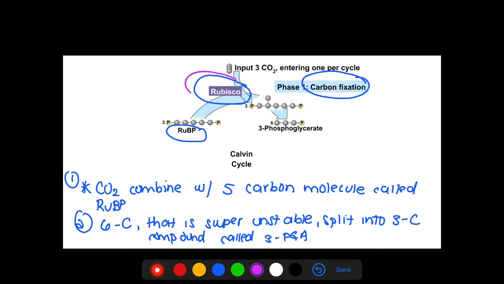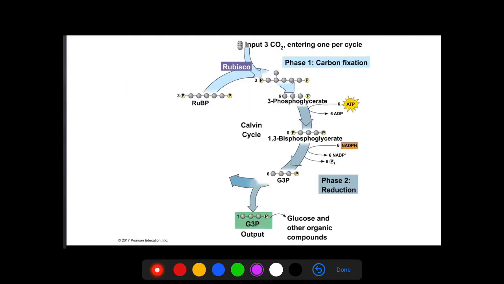Let me rewrite that again. And all of this is going to be catalyzed, like I said, by this enzyme Rubisco. So this is what happens in carbon fixation. If you need to pause it and copy this down, you can do that now.